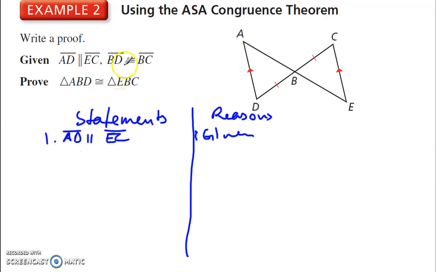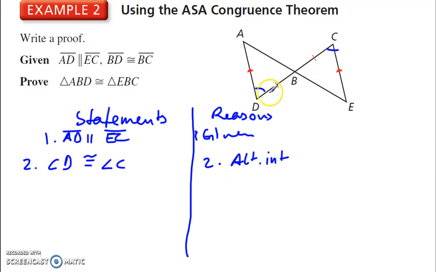Alright. And then, based on this, we can say that this angle is congruent to that one. Okay, angle D, our second statement, is congruent to angle C because alternate interior angles.